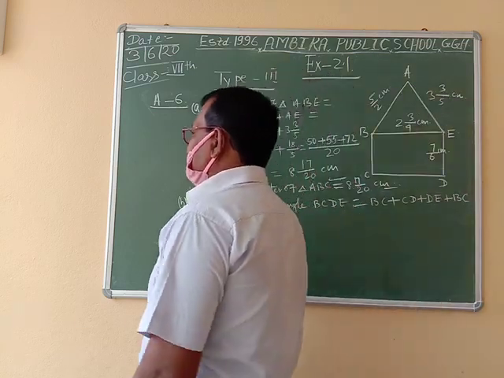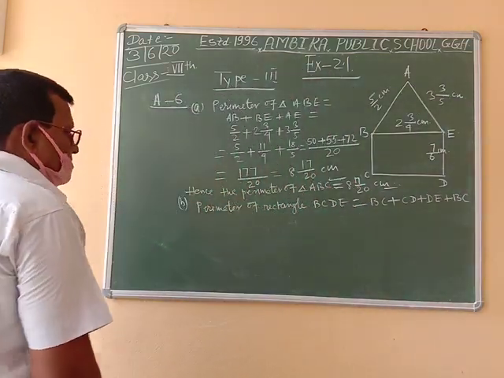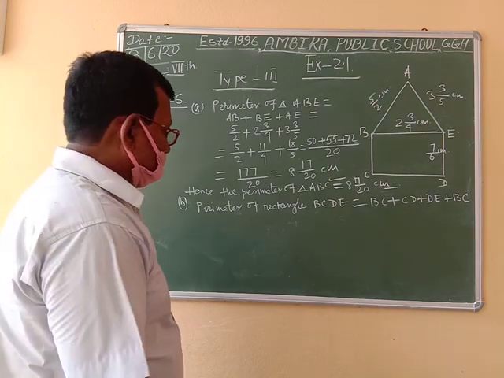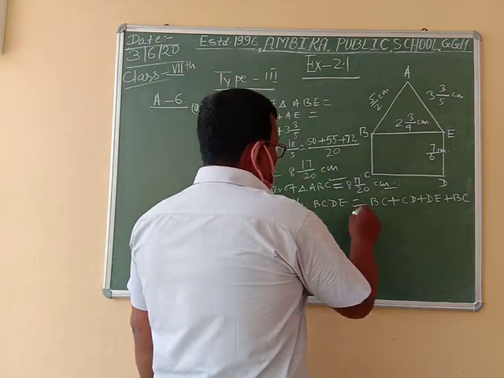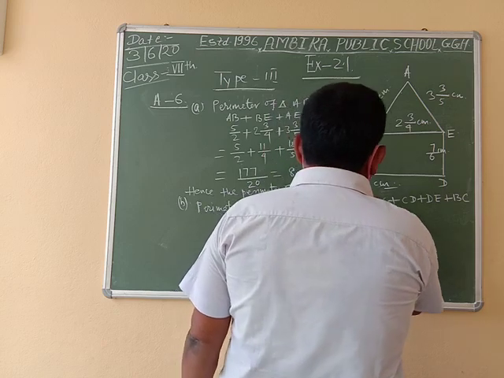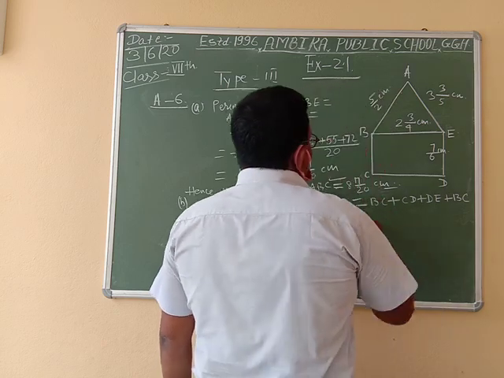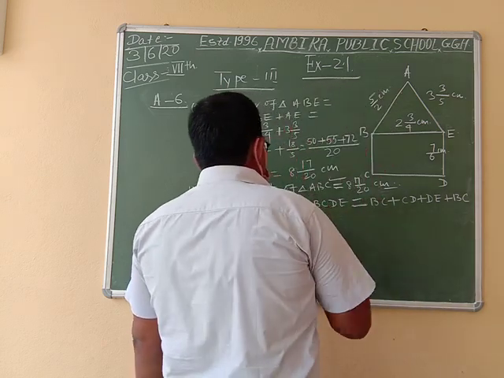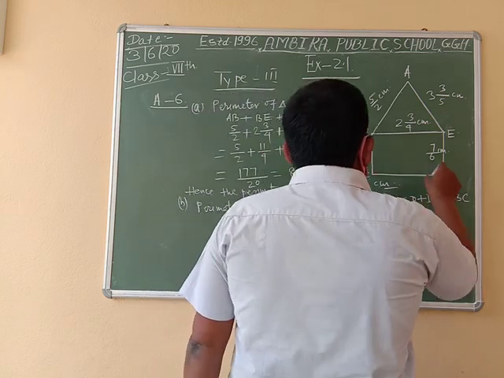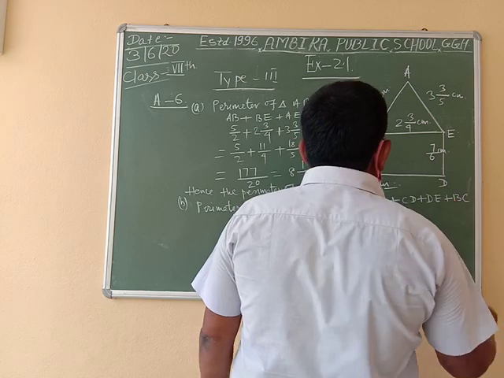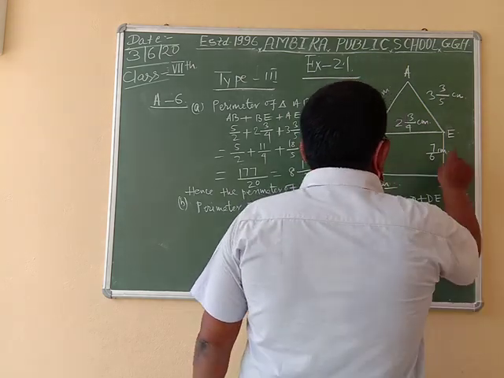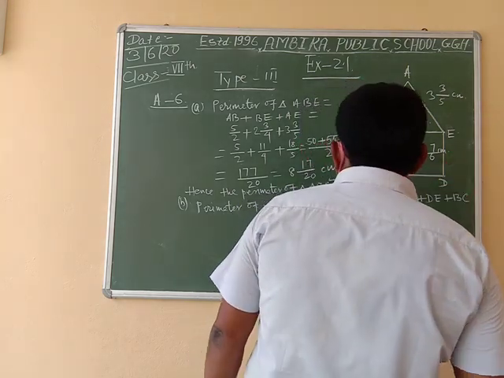You can solve it using the formula, and another method is the sum of all sides. Adding all the sides of the rectangle, we find the perimeter of the rectangle.